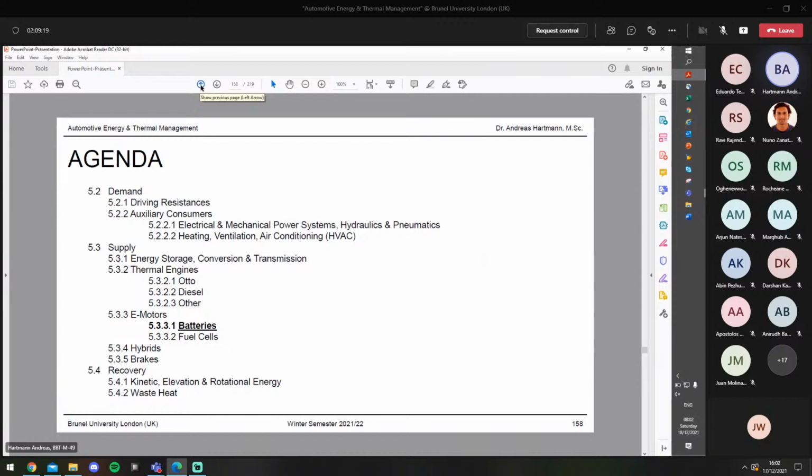Do you know what's inside such a battery? I think lithium. Yeah, this is for the battery cells, but when talking about the architecture of a high voltage battery, which components do you need to mention?